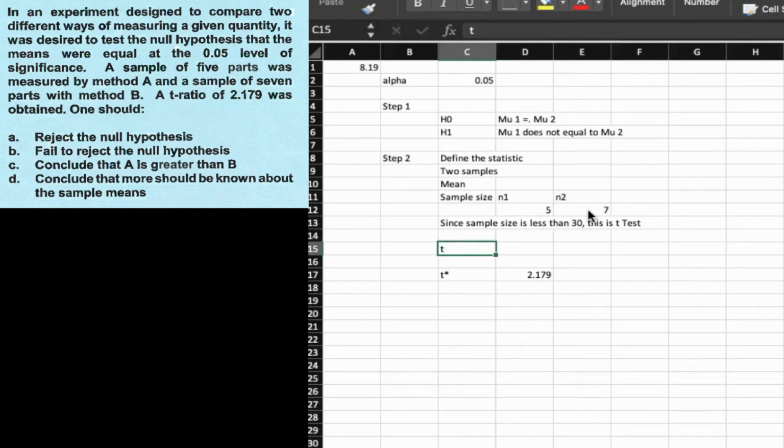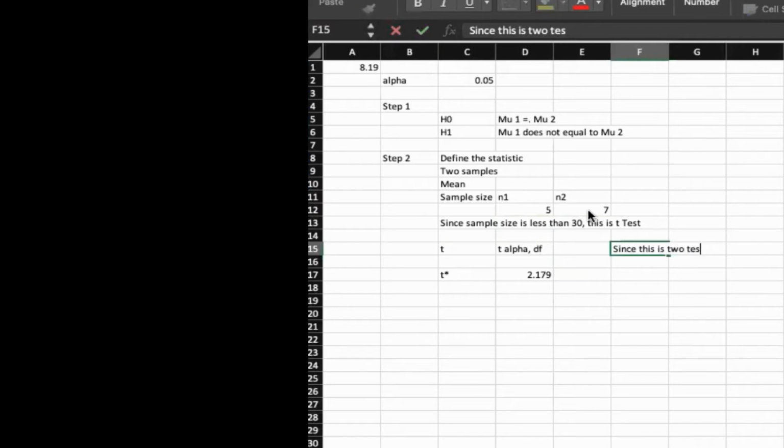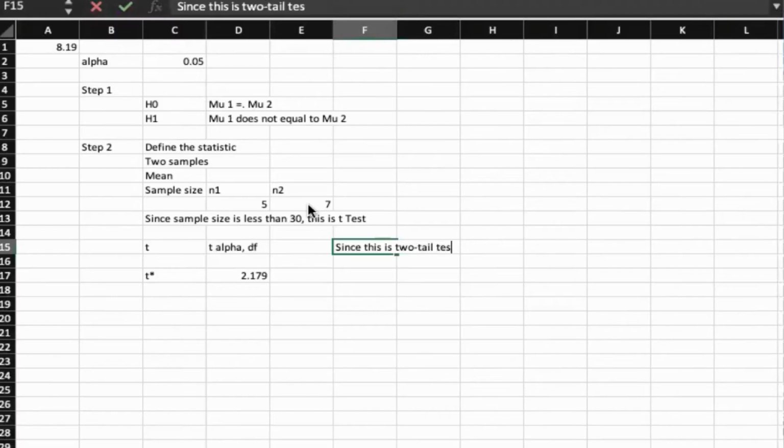So when you are finding t, t, alpha and degree of freedom have to go together. And since this is a two-tail test, alpha has to be divided by 2.